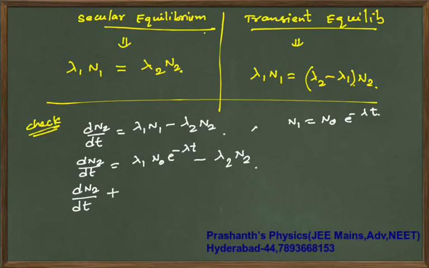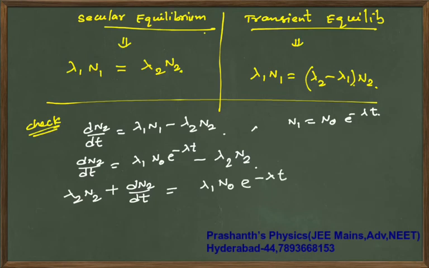So this will become dn2 by dt plus, no, let's cross multiply with dt first. Lambda 2 n2 plus dn2 by dt is equal to lambda 1 n0 times e power minus lambda 1 t. Multiply with dt: lambda 2 n2 dt plus dn2 is lambda 1 n0 e power minus lambda 1 t times dt.